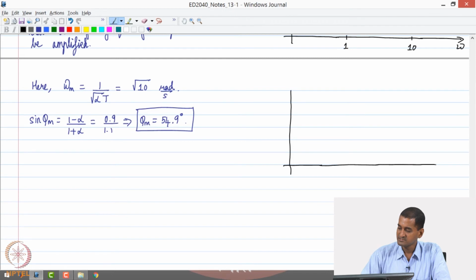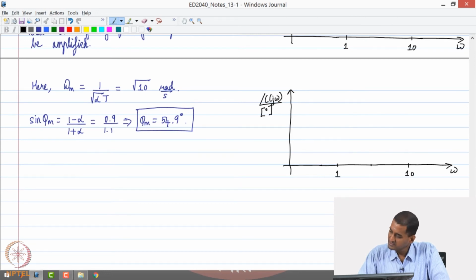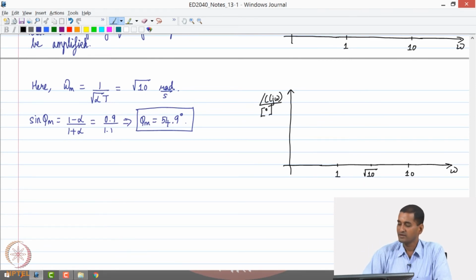If I plot the phase plot for this particular example, this is something which I leave to you as a homework exercise, but I am just going to plot the final plot. If you plot the phase plot of C of j omega in degrees, we get the following. Here is 1, and this is 10. On a logarithmic scale, square root of 10, the geometric mean, is in the middle of 1 and 10. We start from 0 degrees and reach a peak.